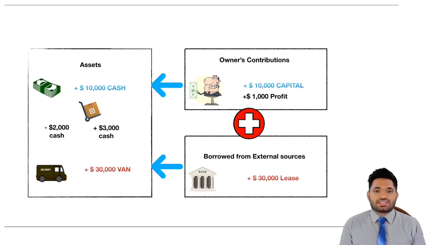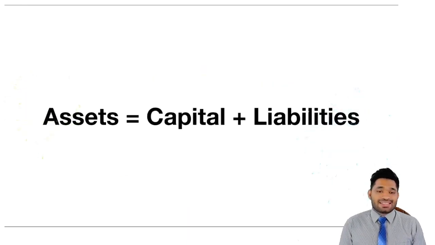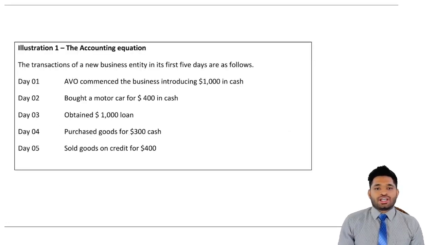What's the value of your assets? 41,000. So the basic accounting equation is derived. The basic accounting equation is assets equals to the capital plus liabilities.